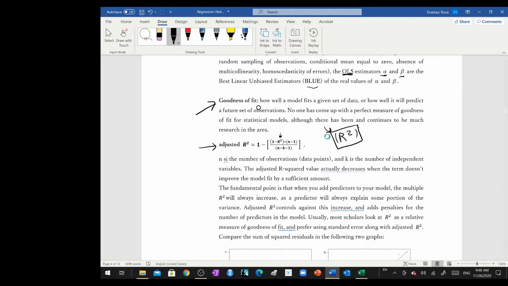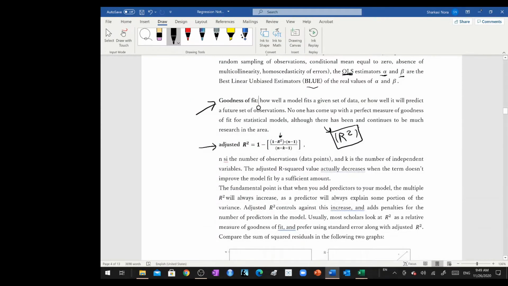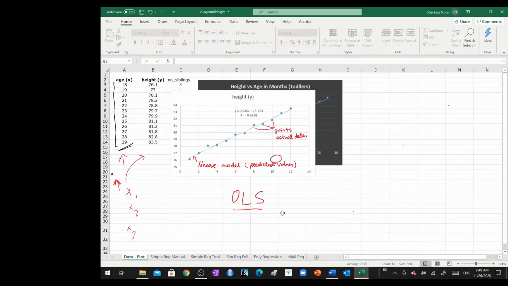However, there is a problem with R-squared. There are multiple problems with R-squared, but one of the most important is that the multiple R-squared value increases as we increase the number of independent variables in the model, even if the independent variable that we are adding is not necessarily beneficial. For example, if we add something like the number of siblings, do you think the number of siblings has an effect on height?